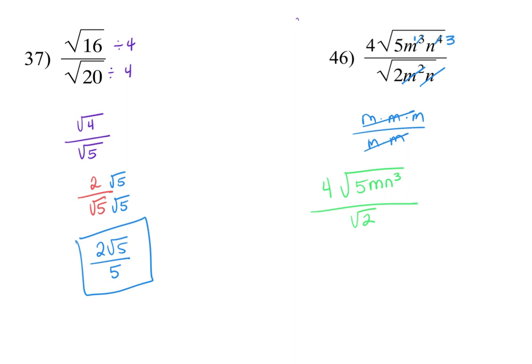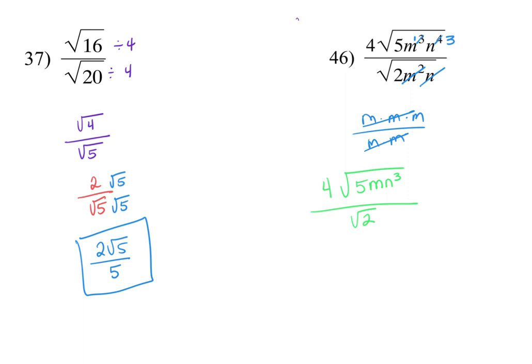Now that I have this like this, you could have done it before you reduced, it doesn't matter which way you do this. I look and see, can I simplify the radicals themselves? So I'm going to say, well, 5, that's not going to simplify. M, that's not going to simplify. What about n cubed? I have 3 of them. What is my index? 2.